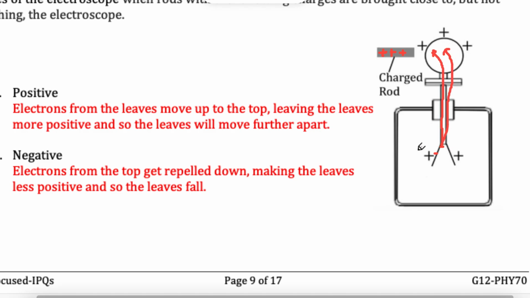So that leaves more positive spaces over here. The electrons have left. This becomes more positively charged because the electrons have joined the party up here, which means they will repel more. They will move further apart. So you will say they will move further apart. However, if I change this around and go to the next one, which is a minus, negative charge, what happens?